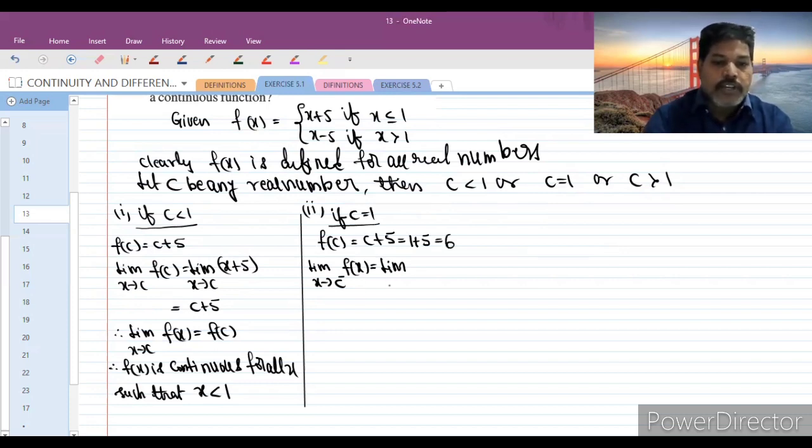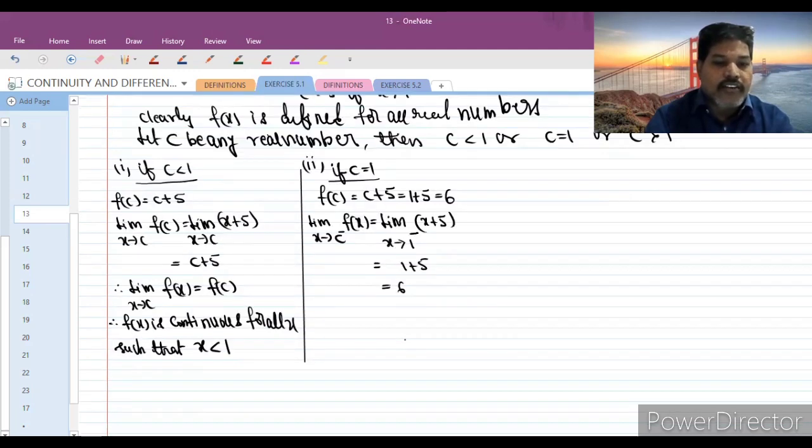So the limit as x extends to C minus, meaning 1 minus, of f of x. What is f of x, students? f of x value for x less than 1 will become x plus 5. If you apply the limit, it will become 1 plus 5, which is 6.